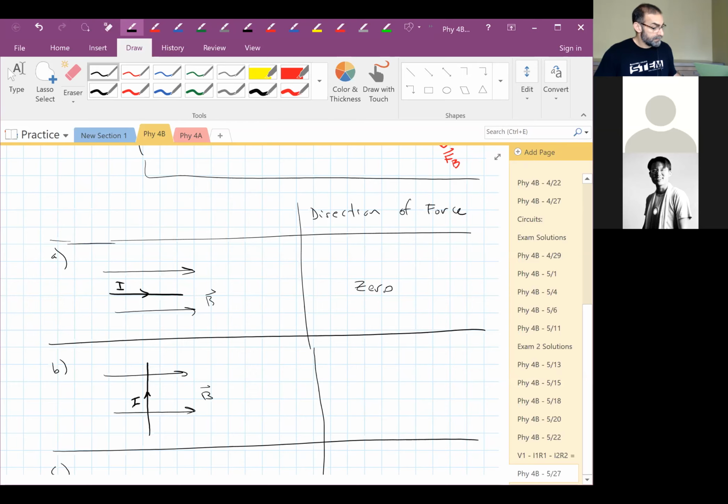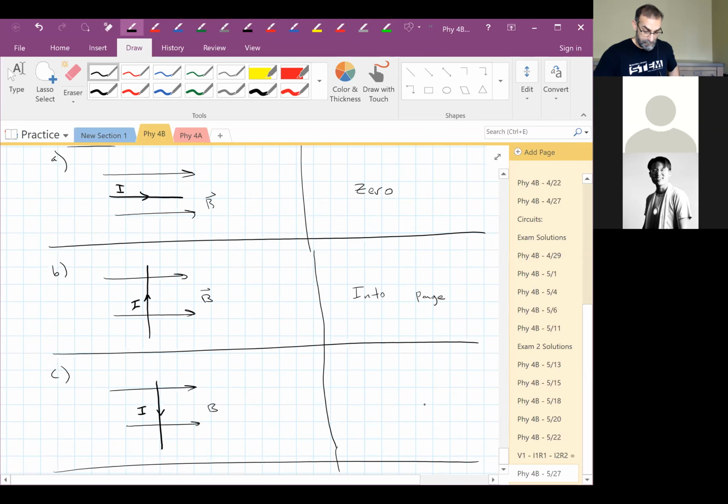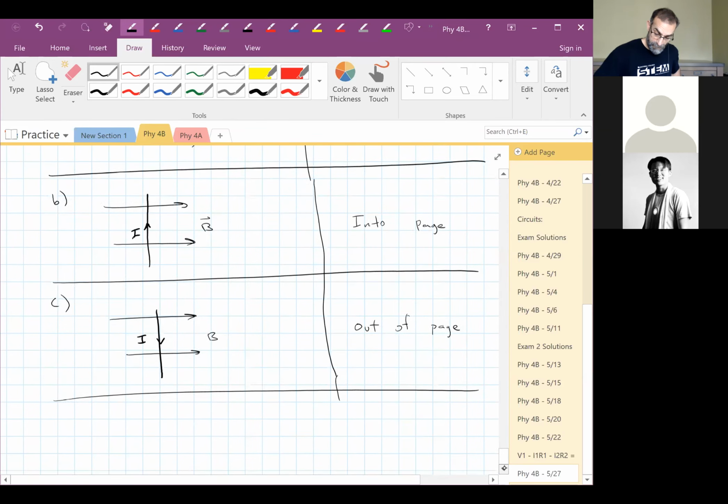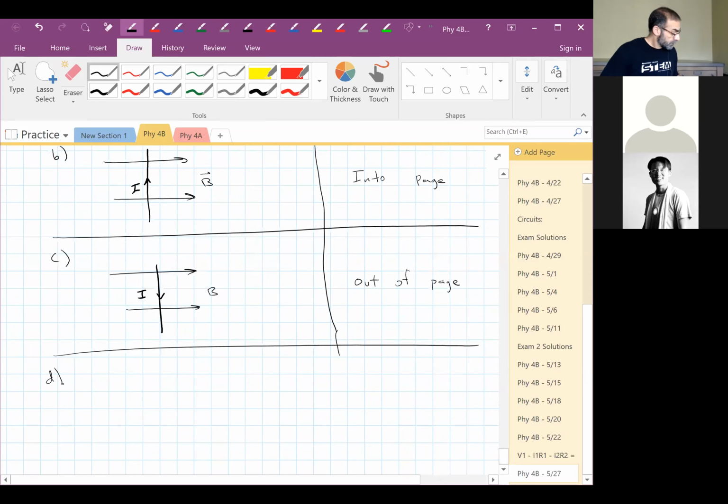B, into the page for B. C then would be out of the page. Let's have this one go in.